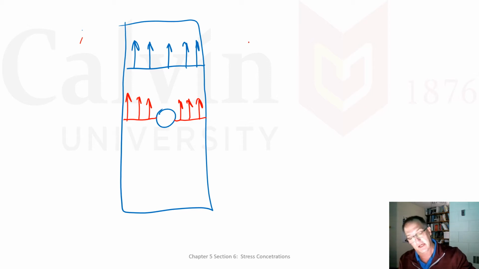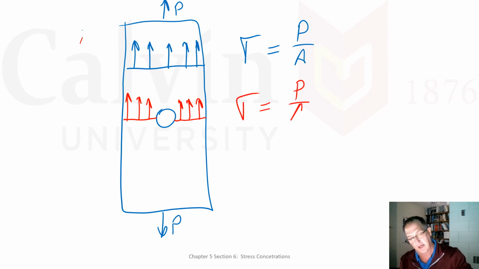This stress, the blue stress, is equal to, load P or load F? We got to decide. P over A, and down here for the red, I've got this P over A. But now these stresses aren't the same. This area is smaller. So therefore, this stress is higher.